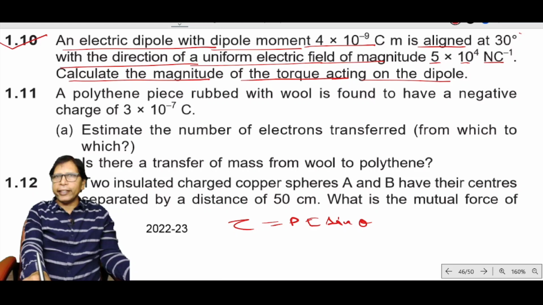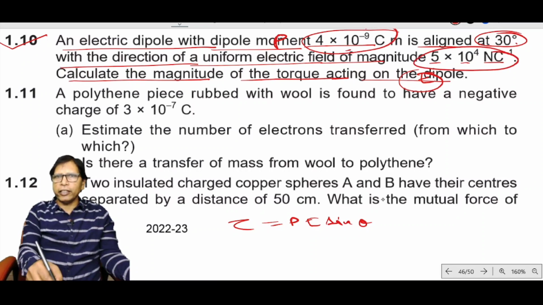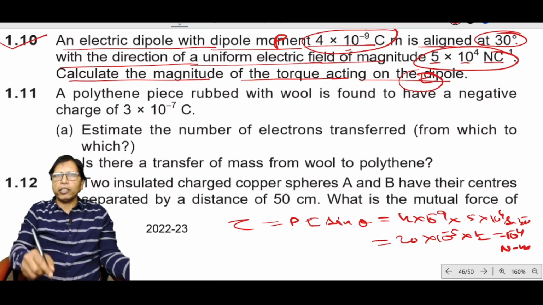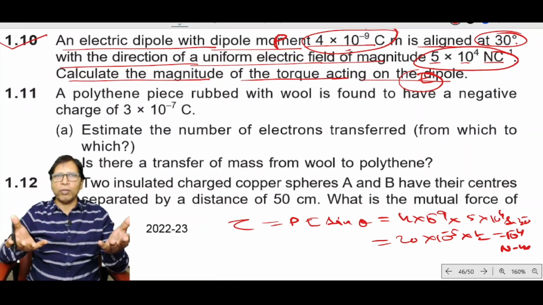Theta is 30 degrees, this is P, and this is E. Now put the values: P is 4 into 10 to the power minus 9, E is 5 into 10 to the power 4, and sine 30 degrees. Therefore, it is 20 into 10 to the power minus 5 into half, so 10 to the power minus 4 newton meter is the torque acting on the dipole.